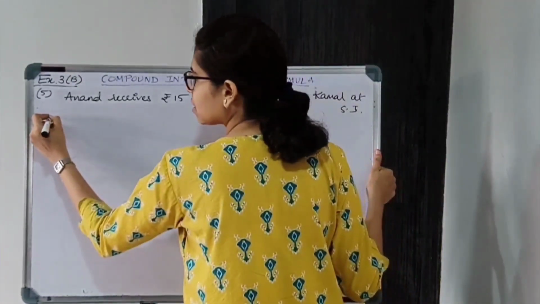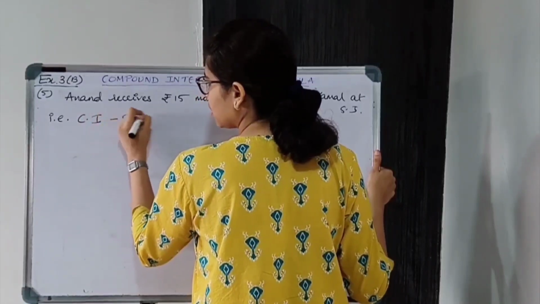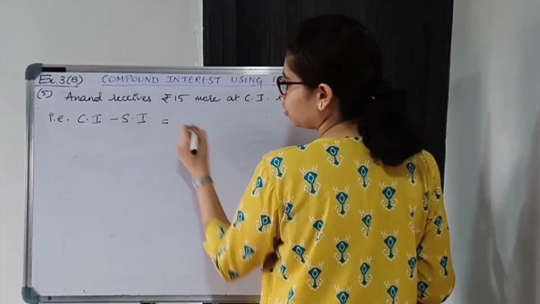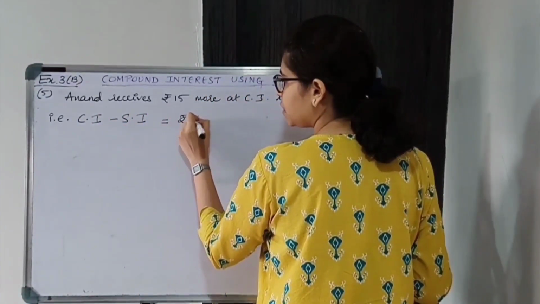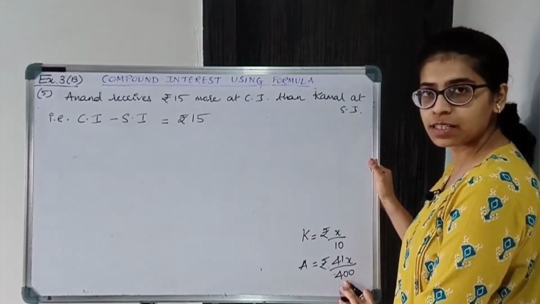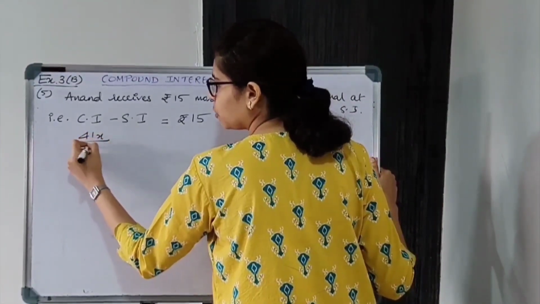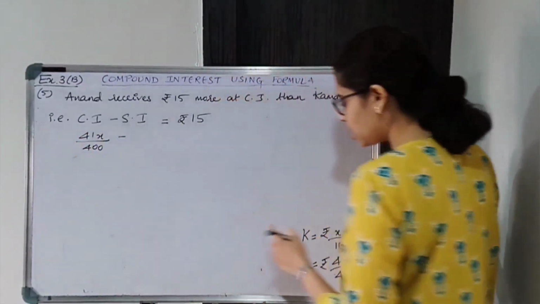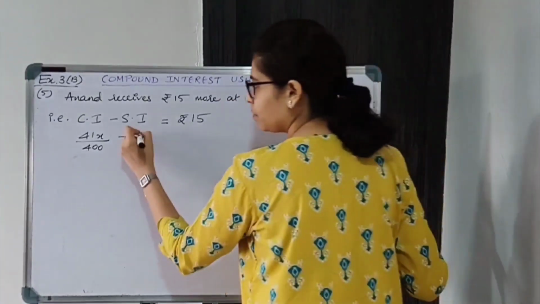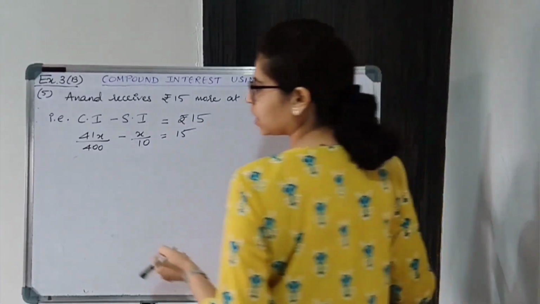That is, I can say CI minus SI is equal to rupees 15. CI is 41x upon 400. So 41x upon 400 minus SI, which is x upon 10, is equal to 15.